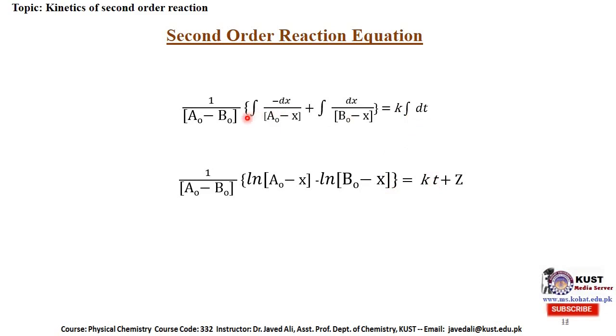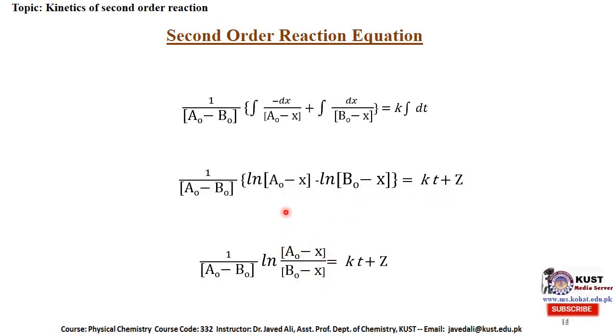So by solving integration, we get this equation: 1 divided by (a₀ − b₀) into [log (a₀ − x) minus log (b₀ − x)] is equal to kt plus z. We know log (a₀ − x) minus log (b₀ − x) is also equal to log of (a₀ − x) divided by (b₀ − x).